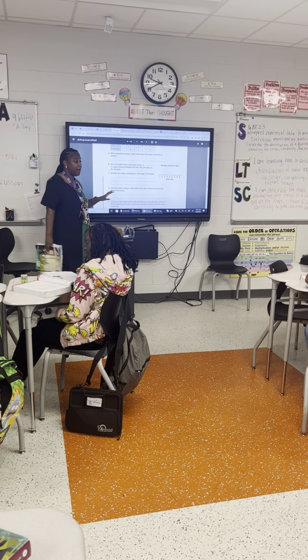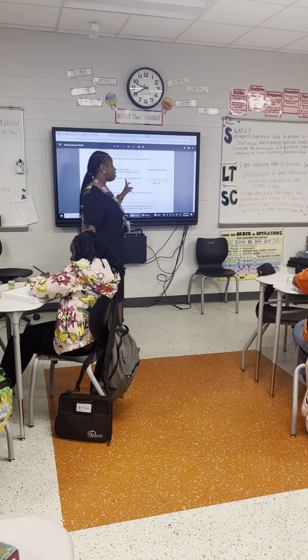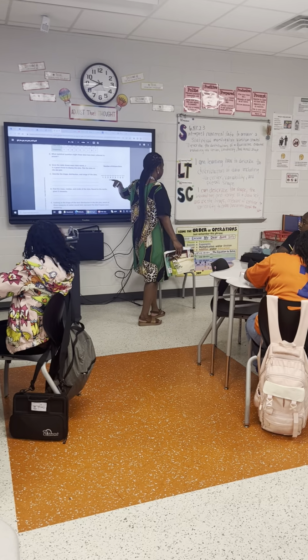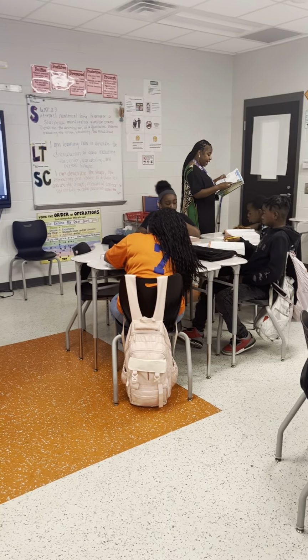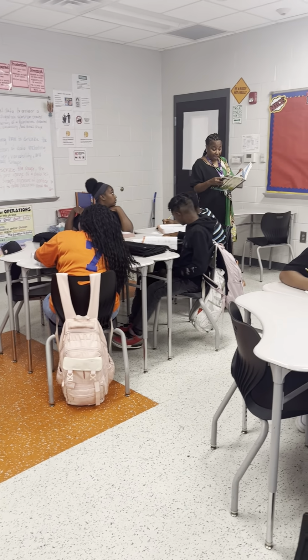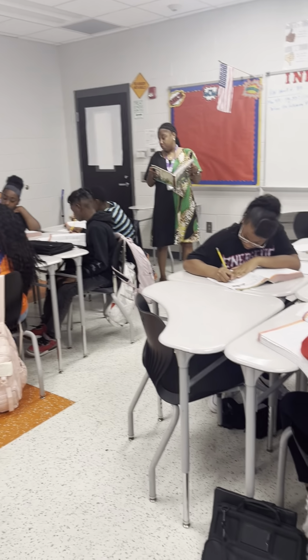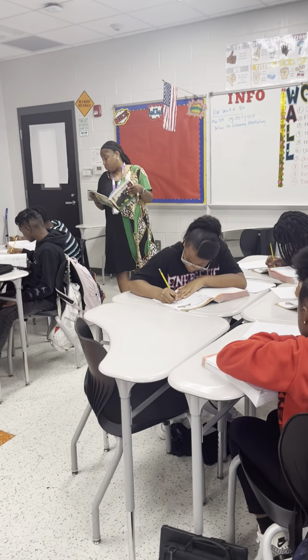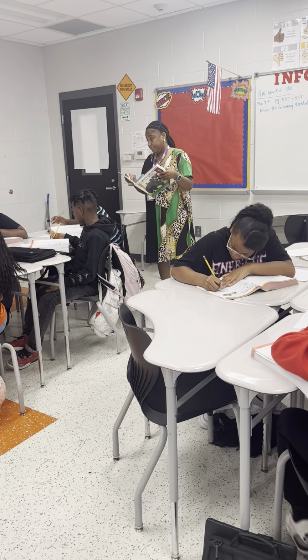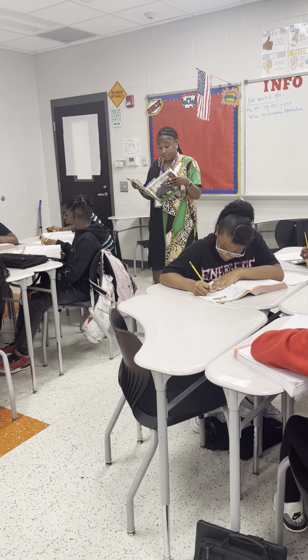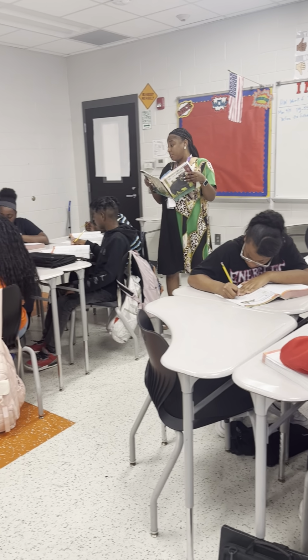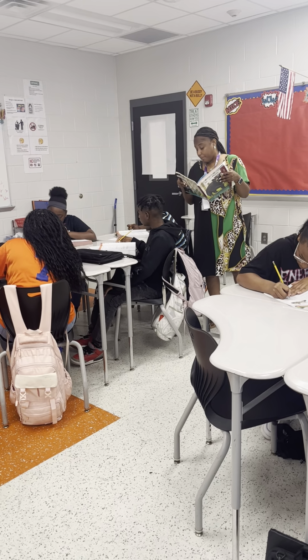You guys remember, we talked about dot plots. A dot plot starts from a number line, okay? So they want you to plot the data on that number line. When you plot the data, what are we using? Dots. Or we can use X's. This becomes a dot plot.